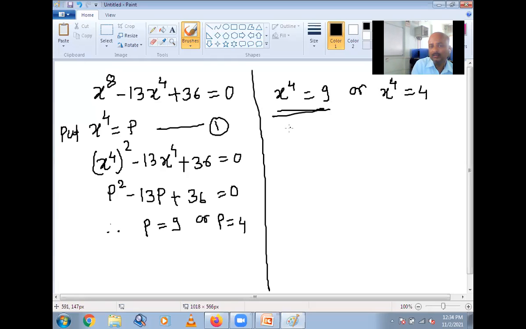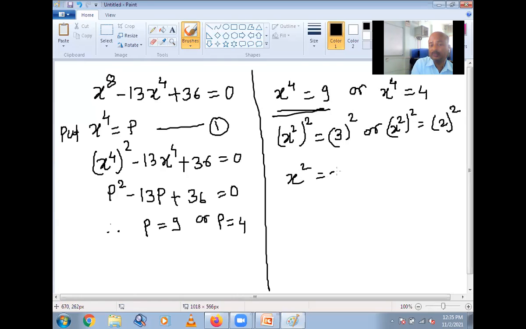Then here x square square is equal to plus minus 3 square or x square square is equal to plus minus 2 square. So taking the square root, you will get x square is equal to plus minus 3 or x square is equal to plus minus 2.